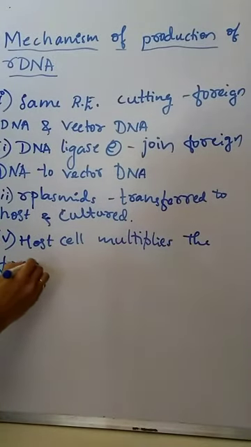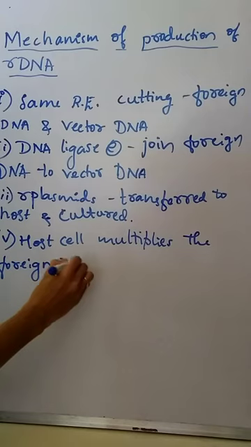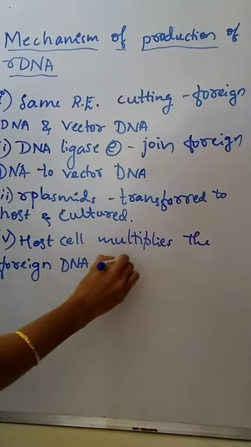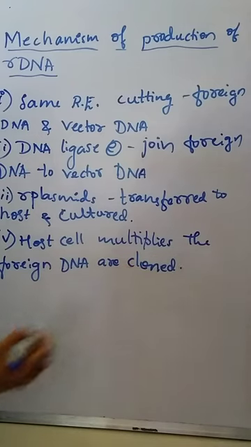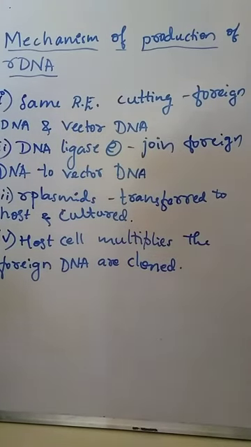Foreign DNA means the gene of our interest. The gene of our interest is cloned, meaning a number of copies of the foreign DNA are found inside the host cell.